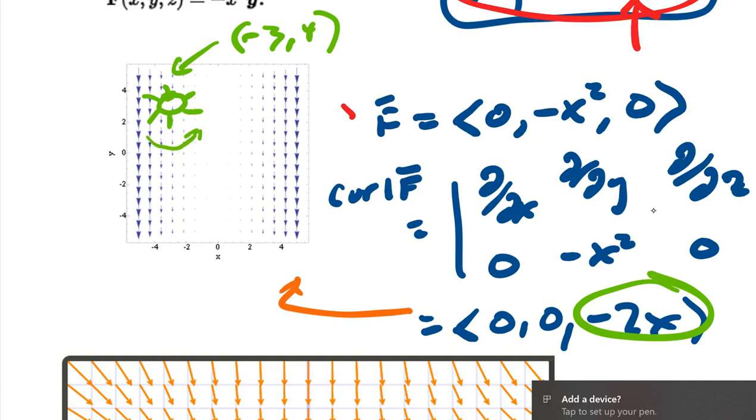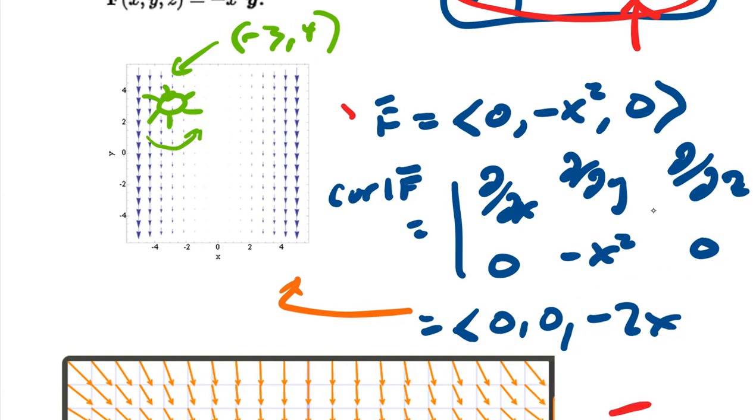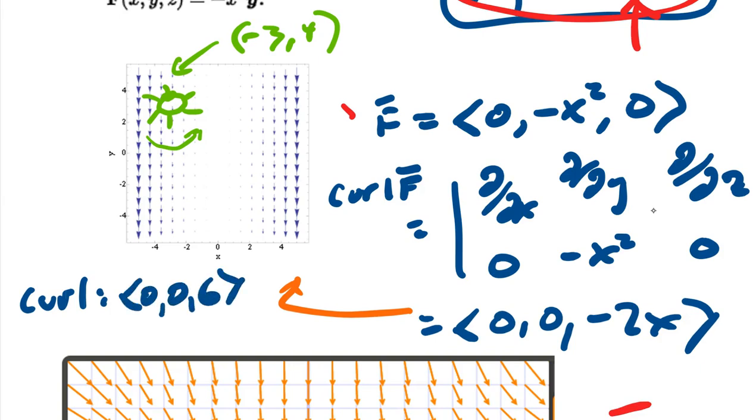And sure enough, the curl here would be positive because the x values are negative over there. So at negative 3, 4, the curl would be 0, 0, 6. So positive there. Z goes in the positive direction.